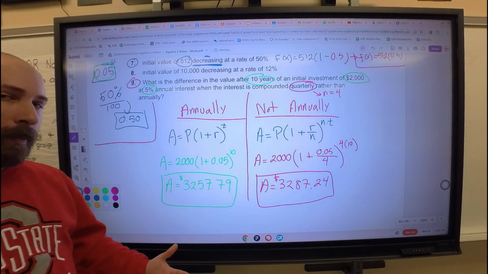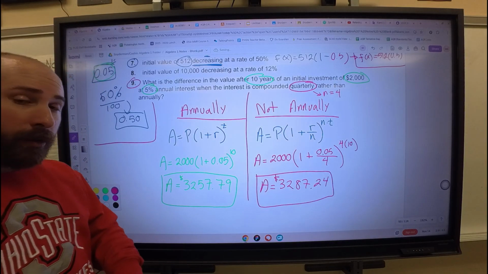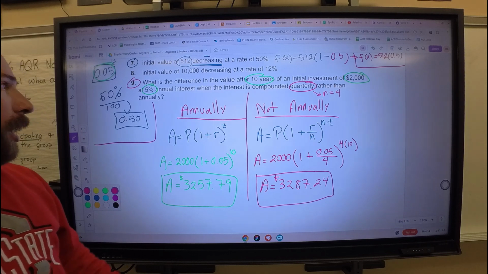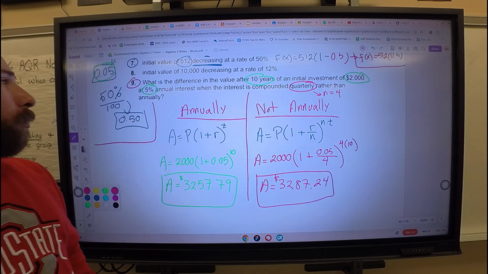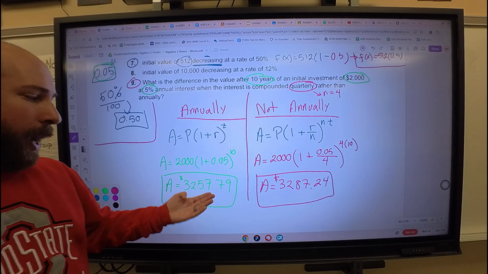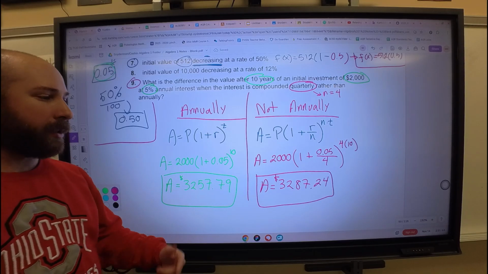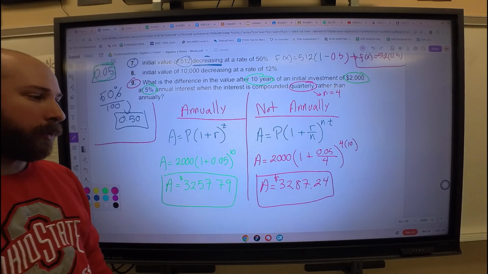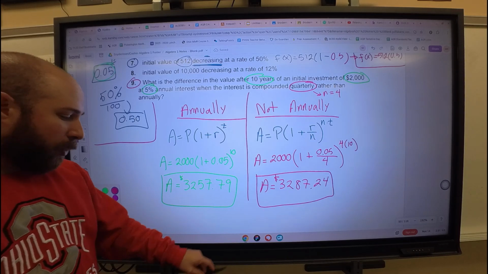Okay? So there's a little bit of a difference there, but again, you're not touching it. You're not adding any more money into it. Okay? So then when it says, what is the difference, we would just subtract these two values and say, well, that's the difference in compounding quarterly versus annually. Okay? So hopefully that helps.